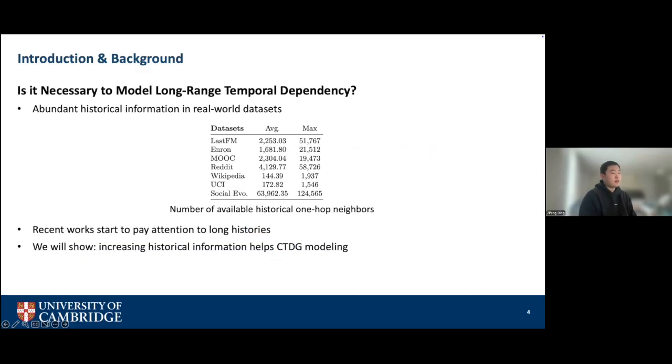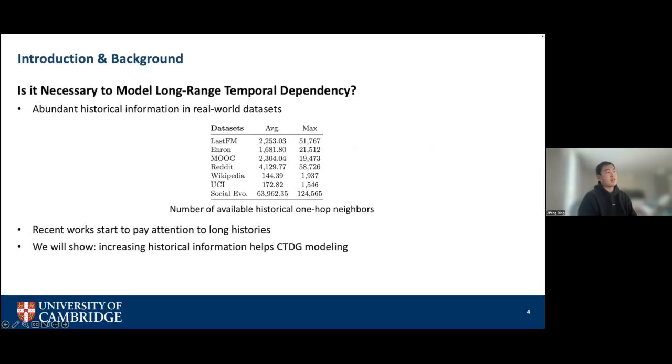So why do we focus on this? You might also notice that in the title of this talk, we have modeling long-range temporal dependency as our topic. So we're trying to ask, is it necessary to model it? We think the answer is yes. There are several reasons. First, we put here some statistics about the number of available historical one-hop neighbors for each interaction in 7 real-world datasets.